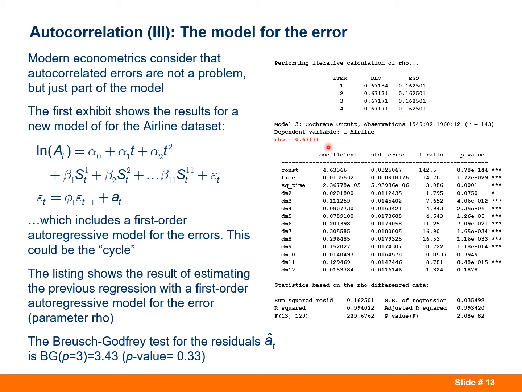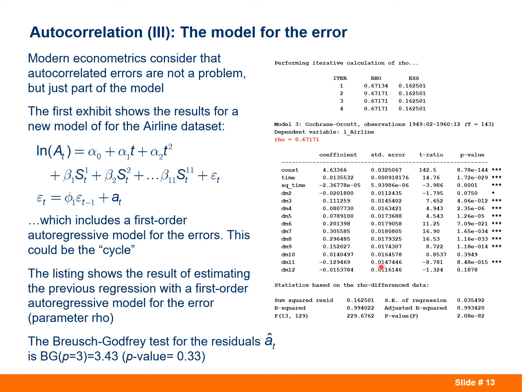The value of rho, that is phi sub 1, on convergence is 0.67, and the values of the coefficients estimated according to this procedure are these ones. They are different from, but close to, the OLS estimates, with different standard errors. These estimates are efficient. These standard errors are supposed to be adequate, so the inference that we are doing with these p-values would be unbiased.